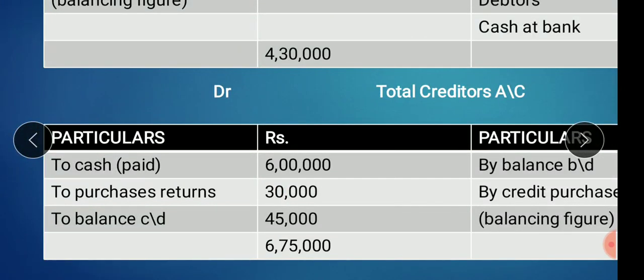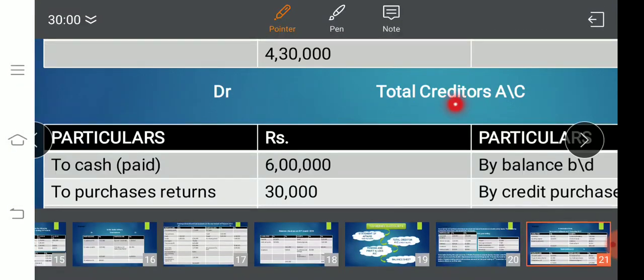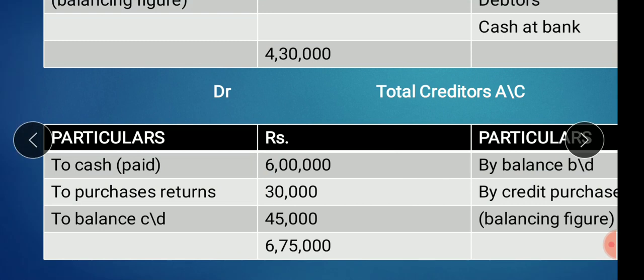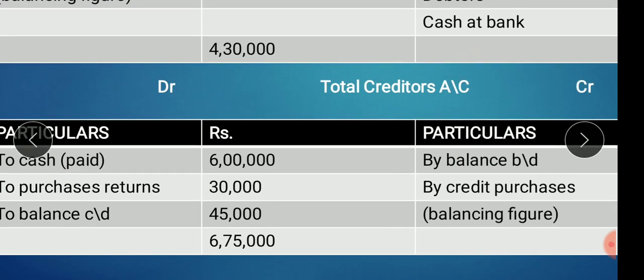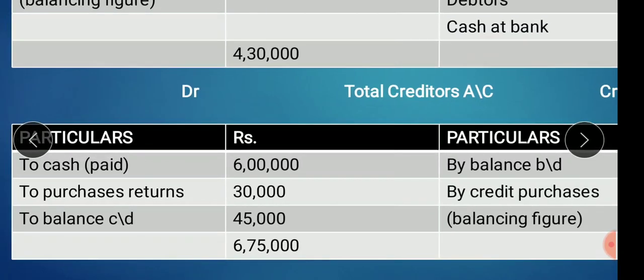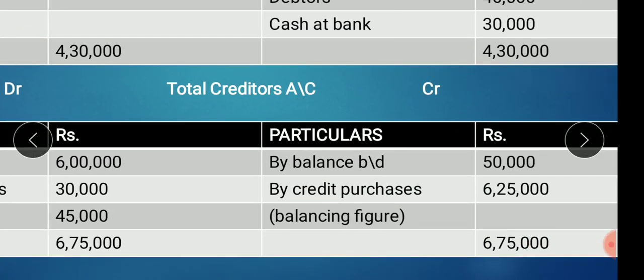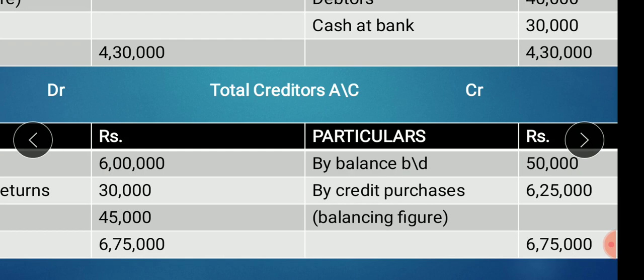Write the format, apply the values. So on the debit side: to cash paid 6 lakh, to purchase return 30,000, to balance carried down, that's the closing balance, 45,000. And on the credit side: opening balance 50,000.